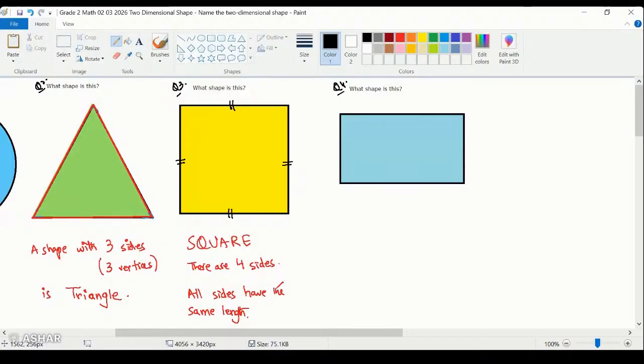But the next shape is a rectangle. Thank you, Semi. What can we say about a rectangle?